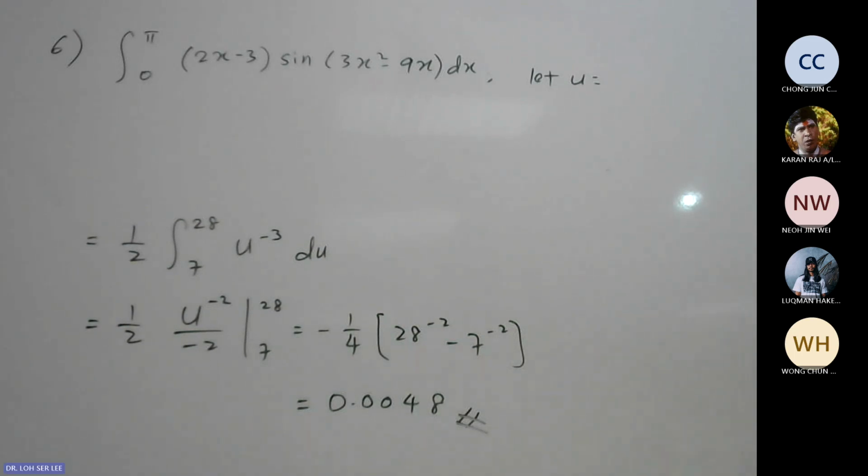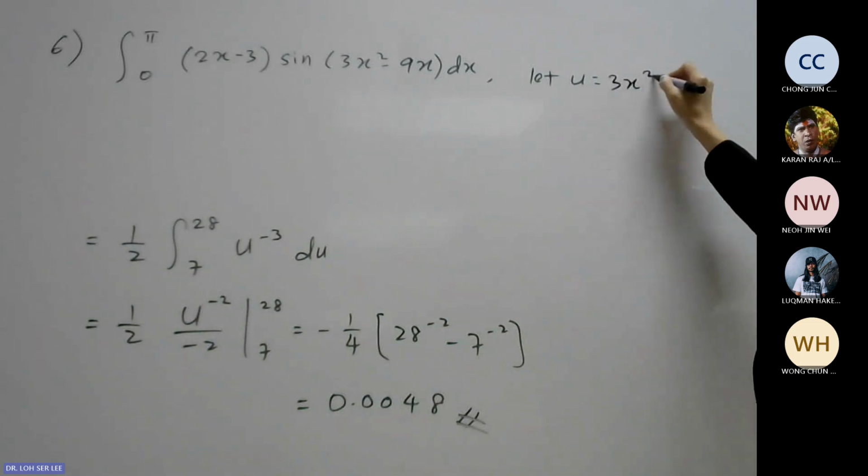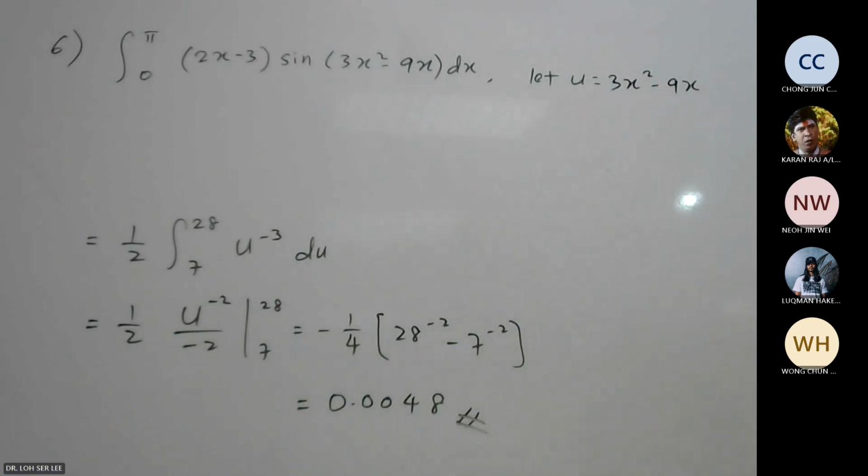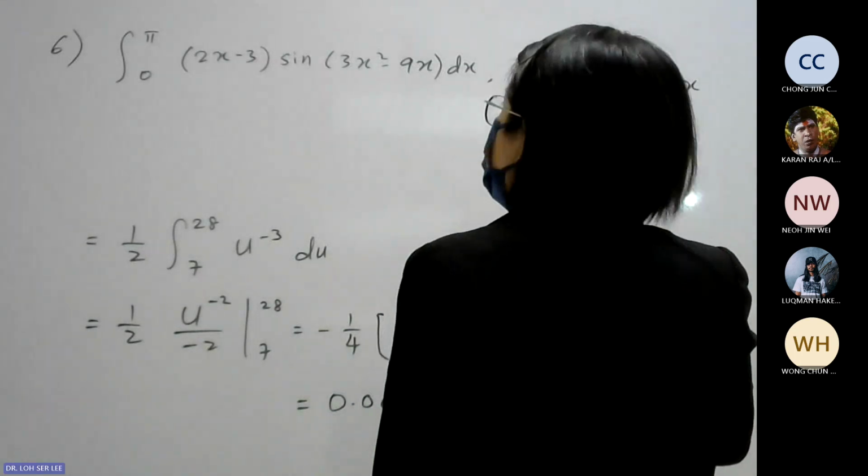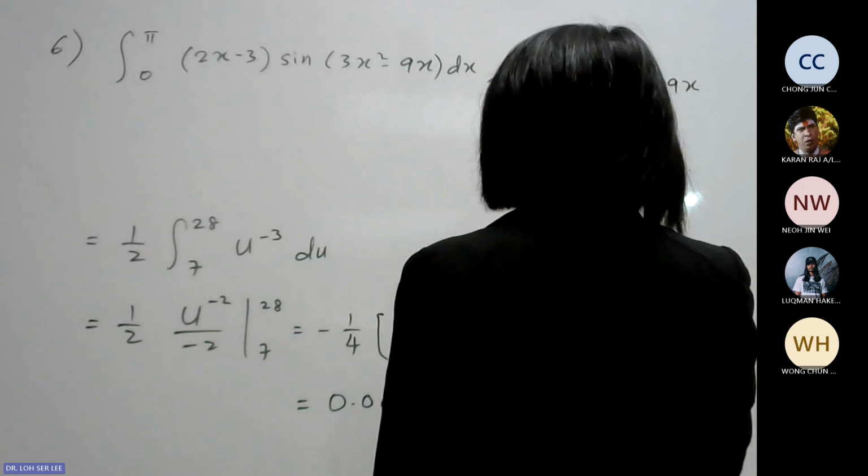What is your u for number 6? 3x squared minus 9x. Okay, so x is 0, x is pi.